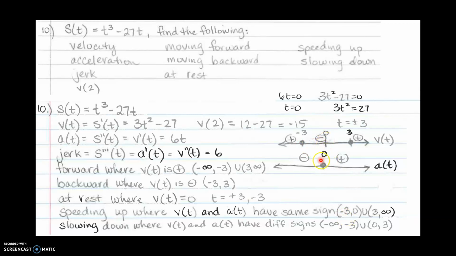Then from 0 to 3, this is negative and this is positive. So it would be slowing down from 0 to 3. And then from 3 to infinity, this is positive and this is positive. So from 3 to infinity, it's speeding up.